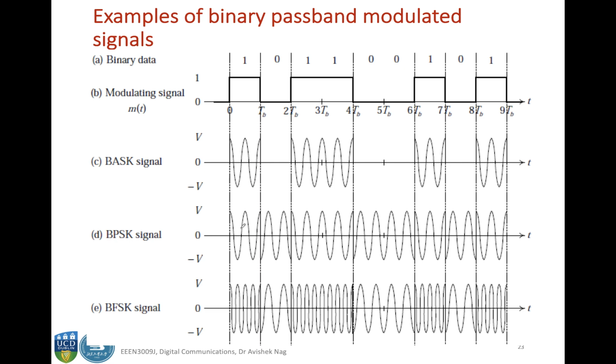You can have BPSK where you have two high frequency carriers. One is a 180-degree phase shifted version of the other, corresponding to whether it is a 1 or a 0. And for BFSK you have two high frequency carriers again, but the frequency of 1 is higher than the frequency of 0.